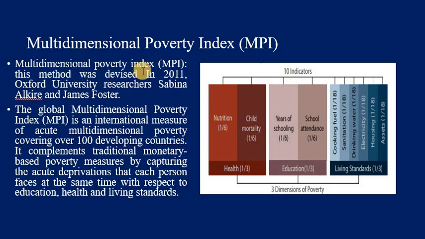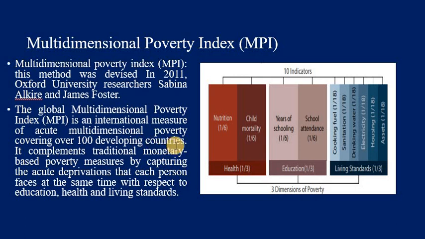The Multidimensional Poverty Index was devised in 2011 by Oxford University researchers Sabina Alkire and James Foster. It is used as an international measure of acute multidimensional poverty covering 100 developing countries.